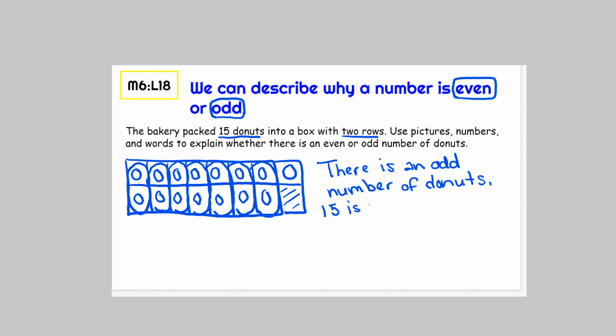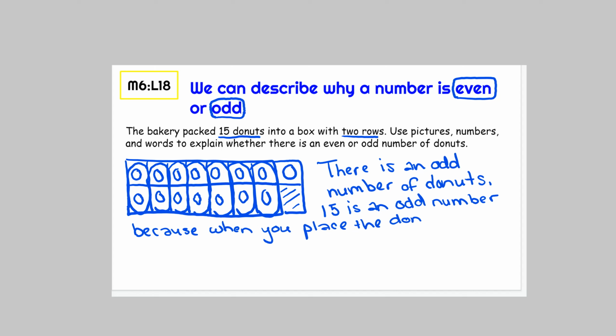"15 is an odd number because when you place the donuts in groups of 2, you can make 7 groups of 2, which is 14.